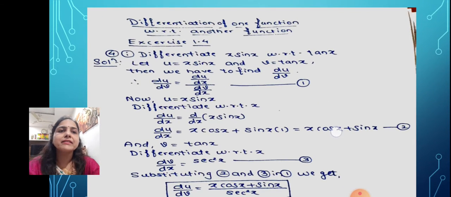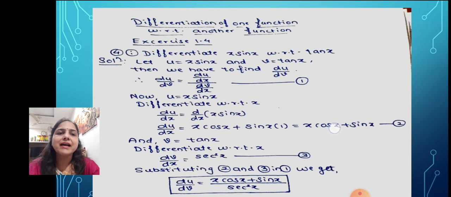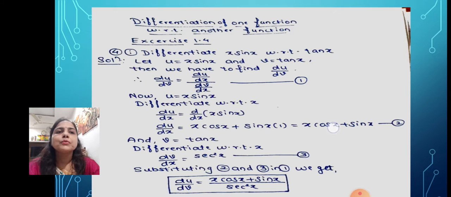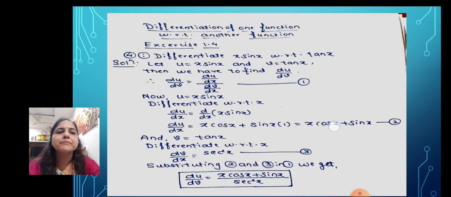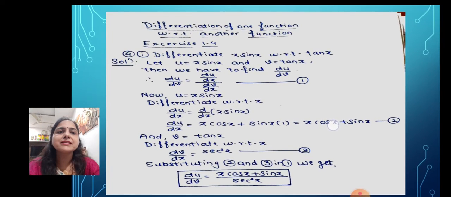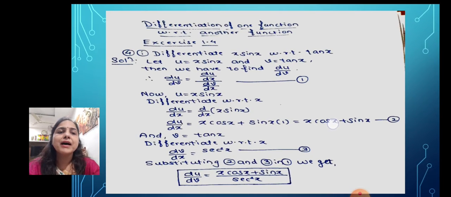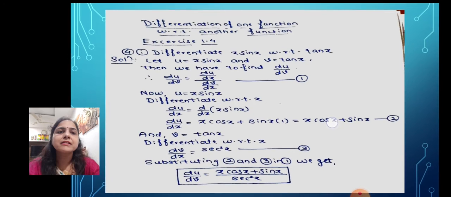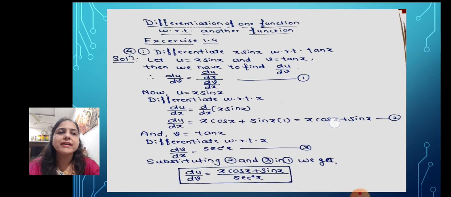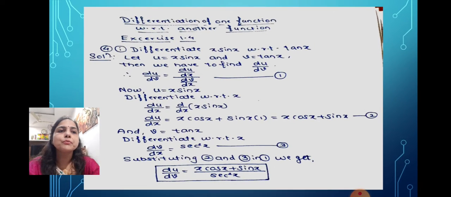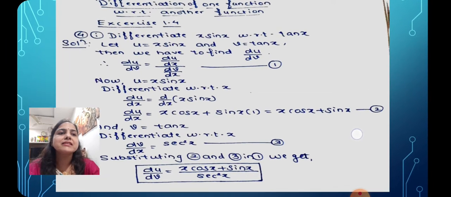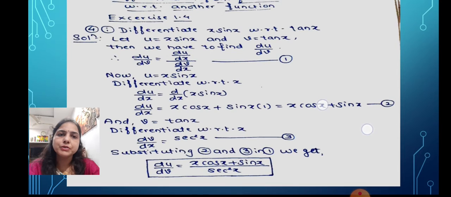To find this derivative we use the product rule of differentiation. We keep x fixed, differentiate sin x, derivative of sin x is cos x, plus keep sin x fixed, derivative of x with respect to x is 1. So du by dx is x cos x plus sin x. That is denoted as equation number 2.